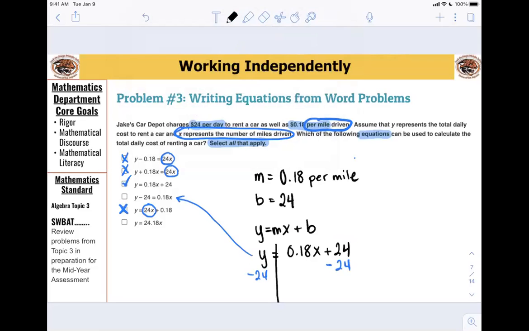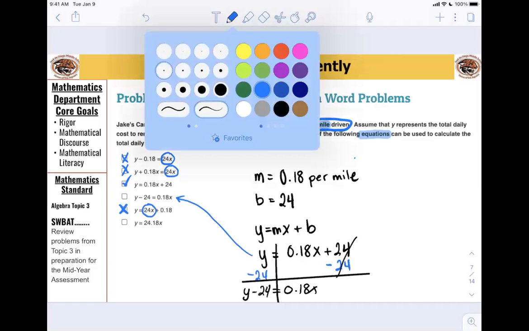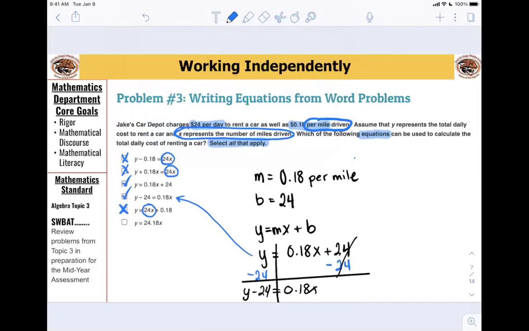You can do a little bit of math to move things from one side to the other. If you want it on the left, you can move it to the left. If you want it on the right, you can move it to the right. That's totally fine. So what they did was subtract 24, and then it ended up on the left side. So this was y minus 24 equals 0.18x. So that's still good. That one works. Questions on how I moved that around?